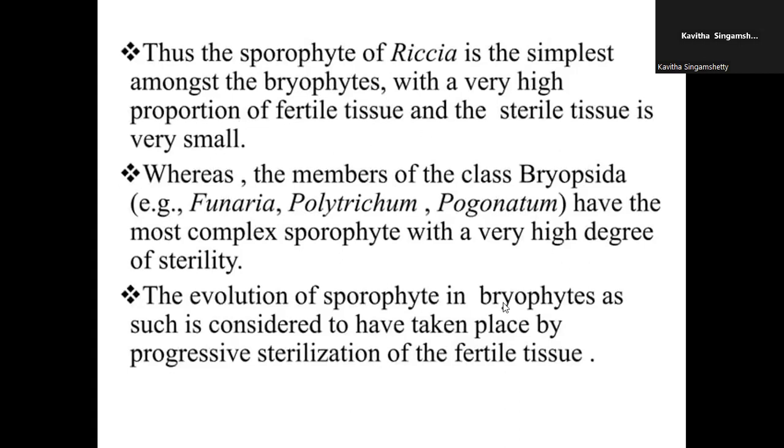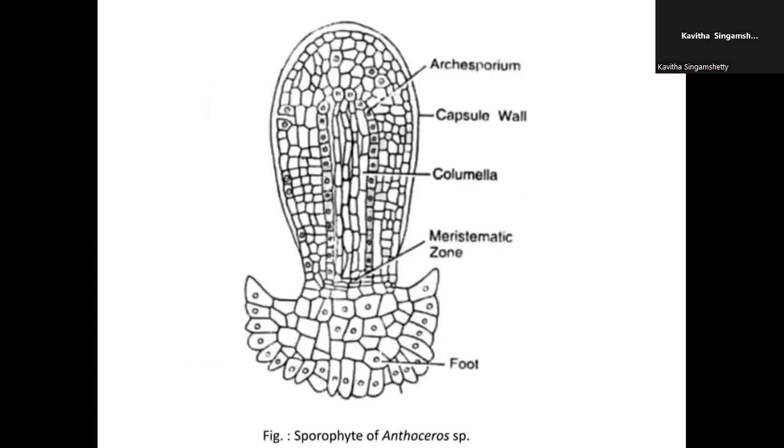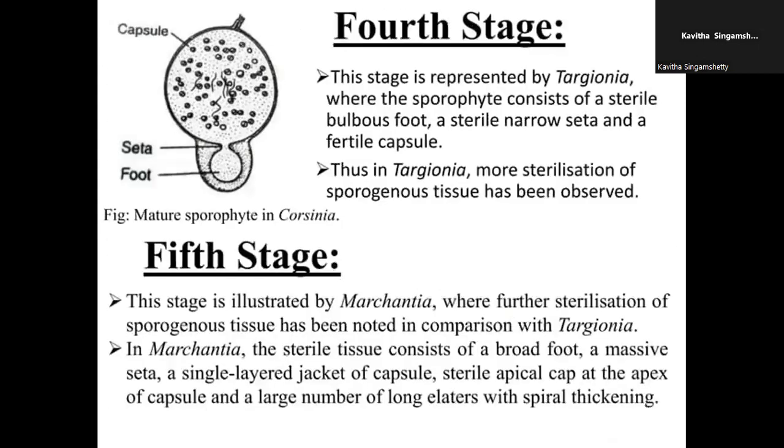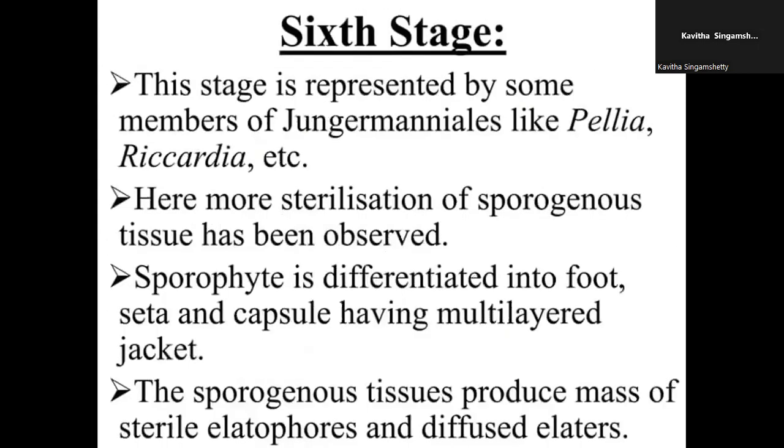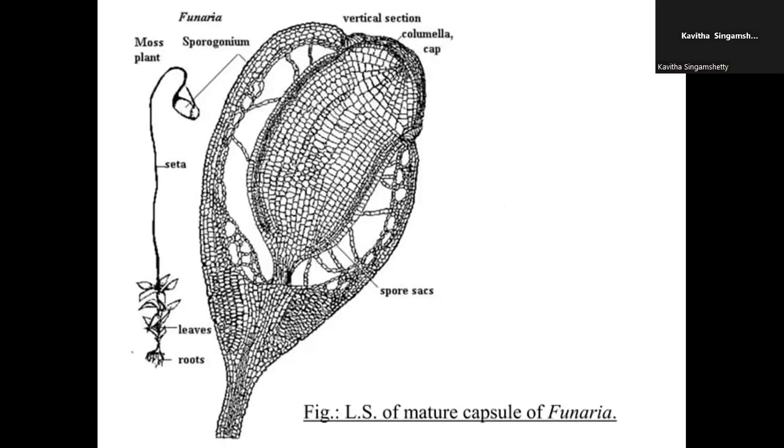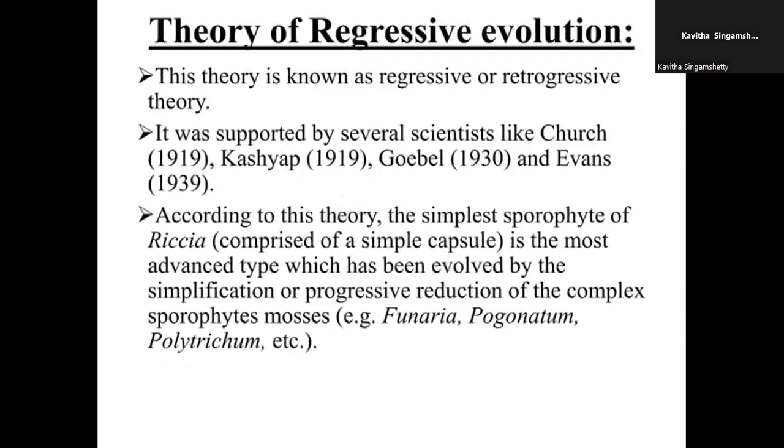So the evolution of the sporophyte in bryophytes, according to this theory, is a progressive sterilization of the fertile tissue. That is, fertile tissue decreases as the complexity of the genera increases. I hope this is clear. This is the theory of sterilization, or the theory of progressive sterilization of the fertile tissue.